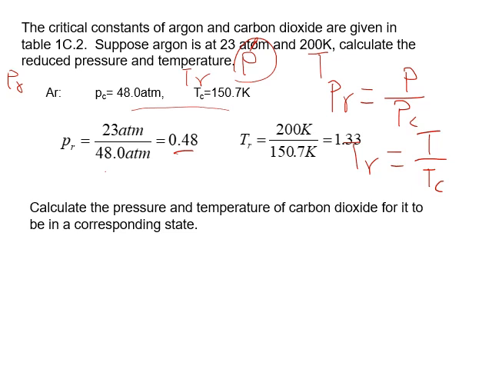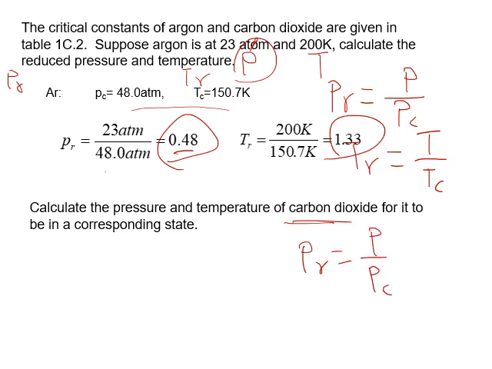Next question, calculate the pressure and the temperature of carbon dioxide for it to be in a corresponding state. Corresponding state means the carbon dioxide has the same reduced pressure and reduced temperature as the argon. So in this case, we know the reduced pressure, and we want to calculate the pressure, but we need to know the critical pressure. If we know the critical pressure, then the pressure is the reduced pressure, 0.48, times the critical pressure.